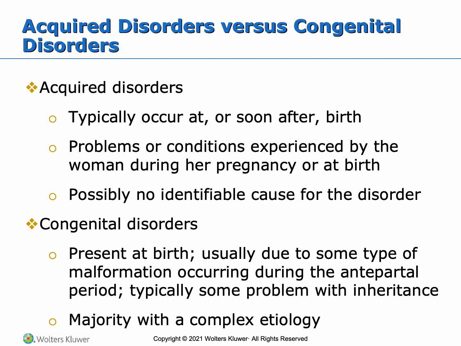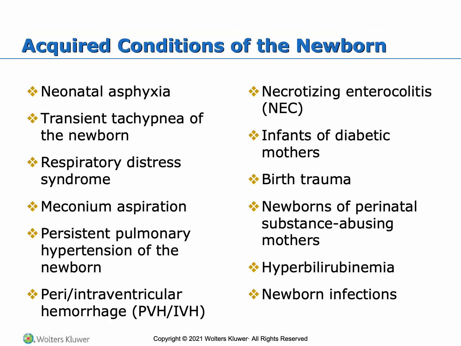These disorders involve a problem with inheritance, including structural anomalies or birth defects, chromosomal disorders, and inborn errors of metabolism. A lot of this goes along with genetics. So these are some of the acquired conditions that we will go more in depth in the following slides.